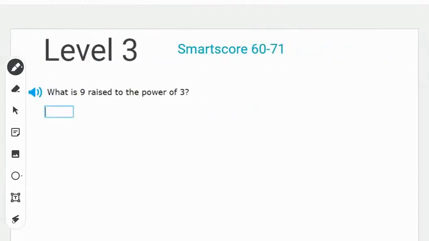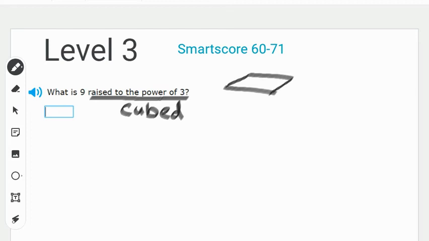And what is 9 raised to the power of 3? In this case, they said raised to the power of 3. Again, the power of 3 could be said as cubed, and that's because of the shape of a cube. To find the volume of a cube, you multiply all three sides. If it's a cube, then all three sides are the same.